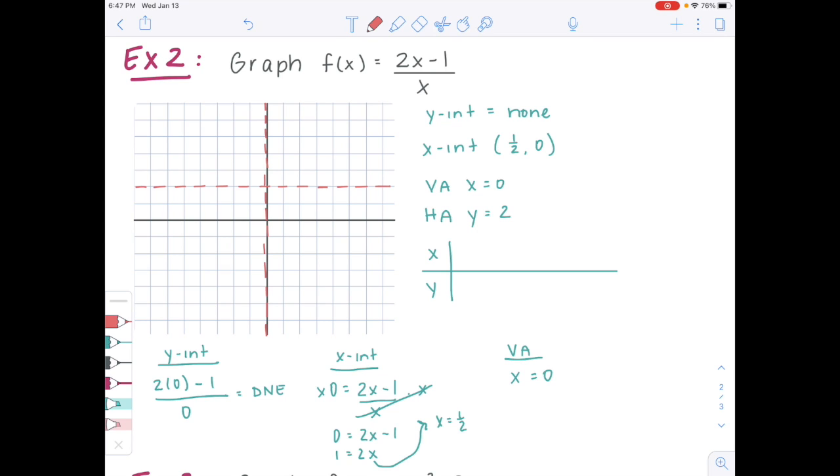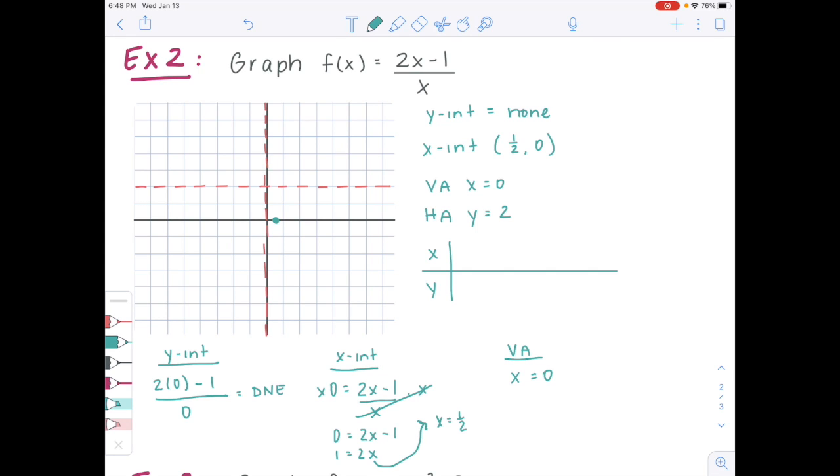And I don't have a y-intercept, and I know I don't because I also have an asymptote right down the y-axis, so that actually makes sense. But I do have an x-intercept at 1/2, 0. So I have an x-intercept right here.